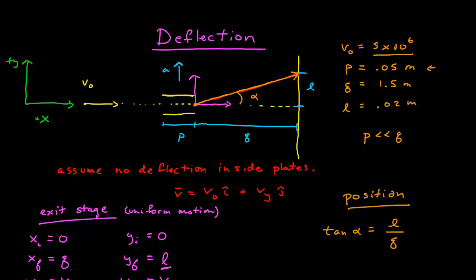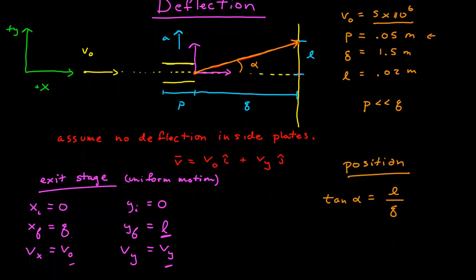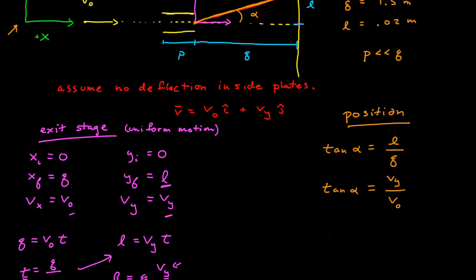That's just from trigonometry. But since this is uniform motion, I know that my velocity vector is pointing along this same line. And given my coordinate system as I've defined it here, I can look in what I'll call velocity space, and in my velocity vector diagram, tangent of alpha is equal to the y component of the velocity divided by the x component of the velocity, which is V naught.